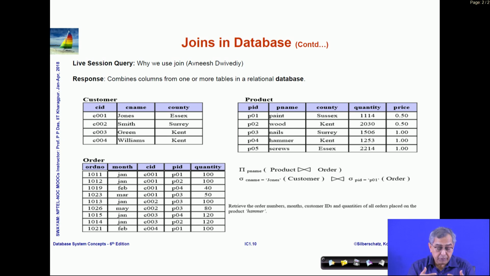Now we want to model the situation that different customers buy different products in different quantities. Any buy of a certain product by a certain customer needs to have the quantity and will be called an order.